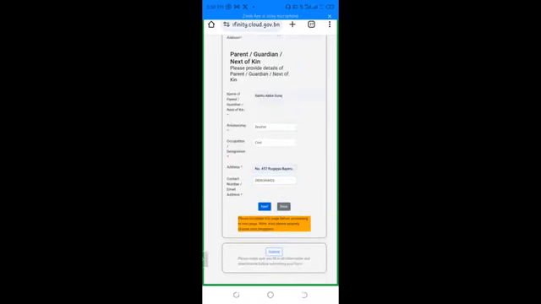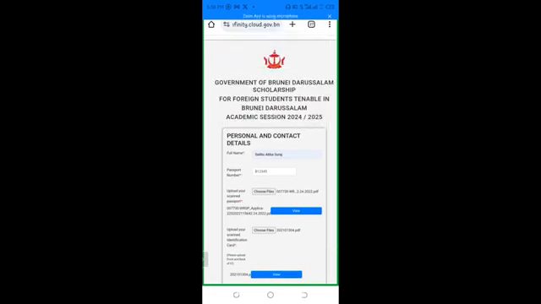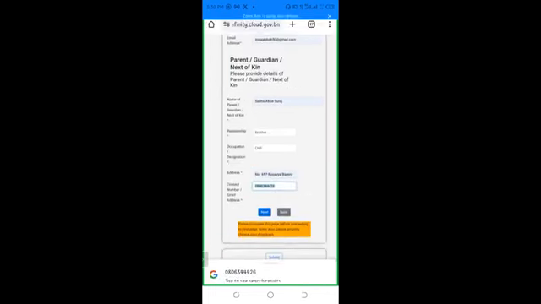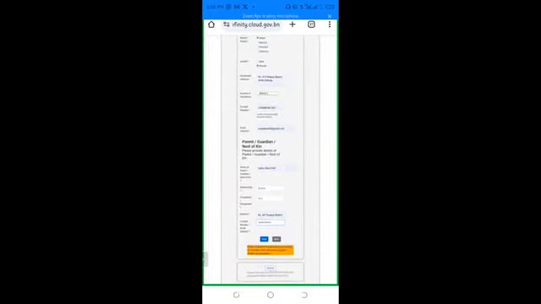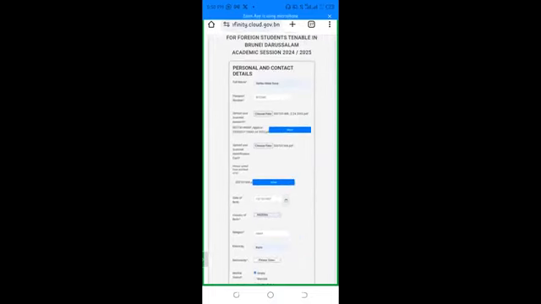So if there are problems, it will tell me that there are places I haven't filled, but I don't think there are problems. So let's click. It's complaining for something. Is there anything I missed?